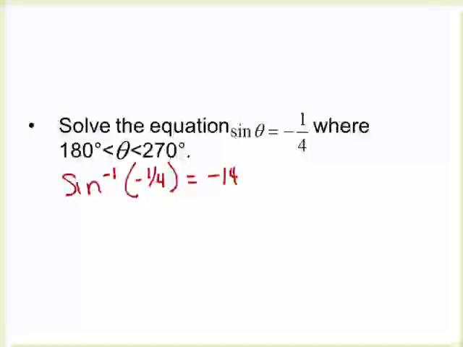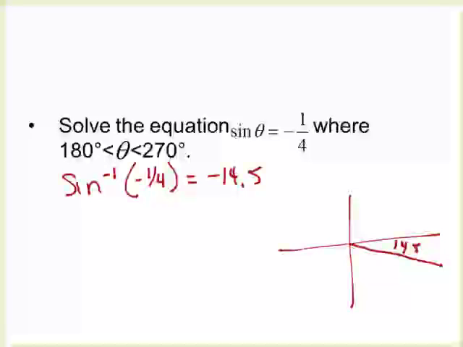And I got negative 14.5. That is not between 180 and 270. So what that means is I need to do some manipulating with this answer. If I graph the given answer, graphing negative angles, we learned the other day, goes around clockwise. So 14.5 would go right in here.